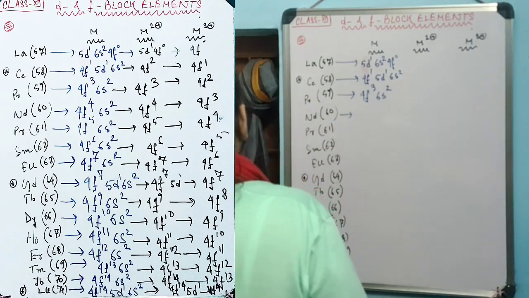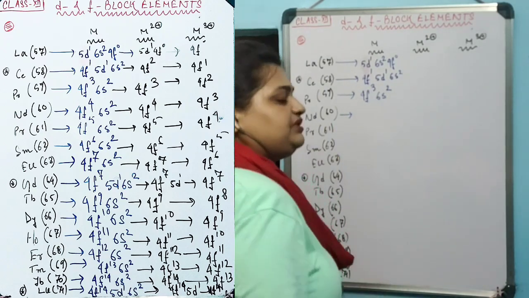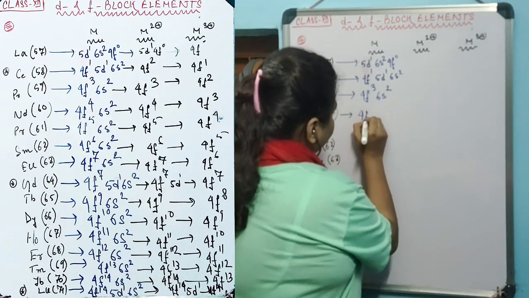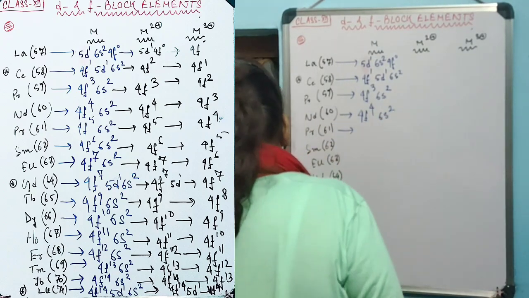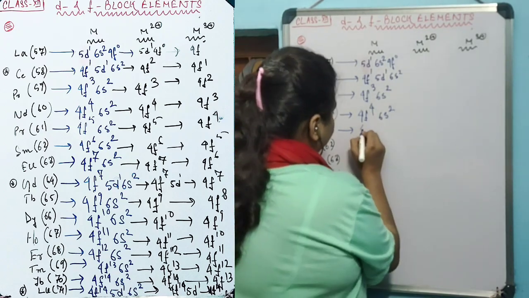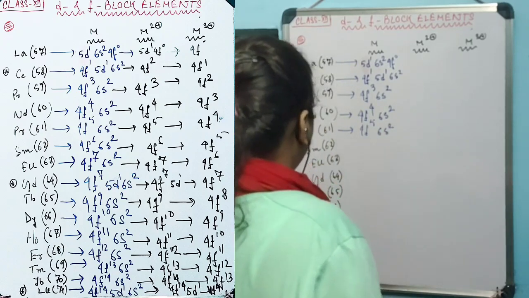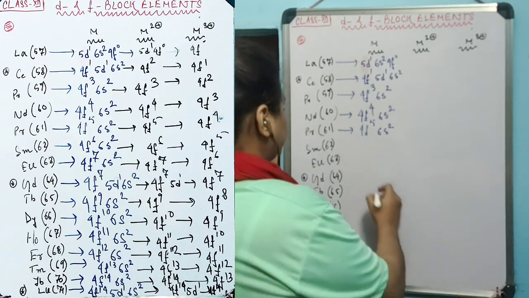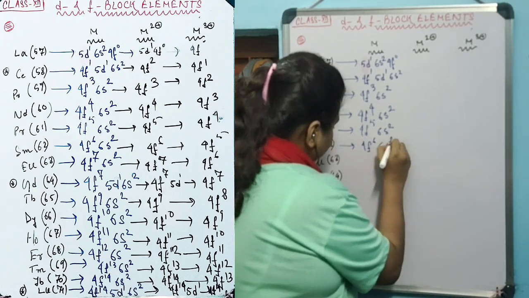Nd is neodymium; its configuration is 4f4 6s2. For Pm, promethium, the electronic configuration is 4f5 6s2. Sm is samarium; the electronic configuration for samarium is 4f6 6s2.